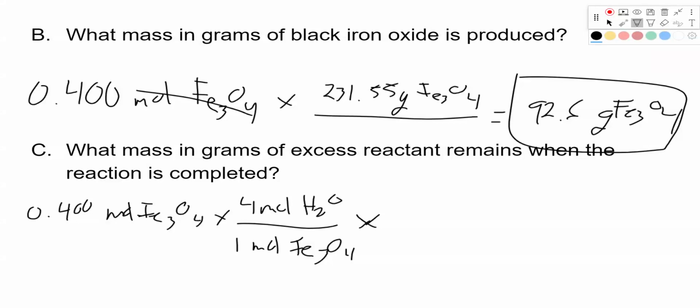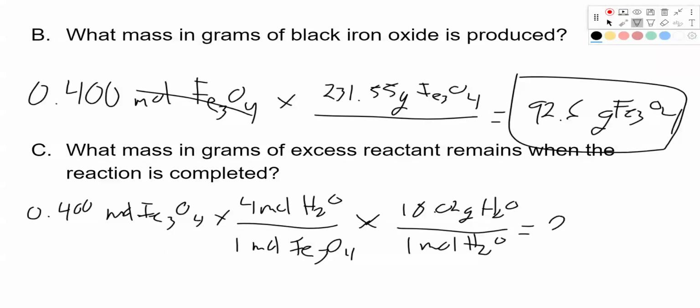So we know that for every 1 mole of water, our molar mass is 18.02 grams of water. And that winds us up with approximately 28.8 grams of water that gets used up.